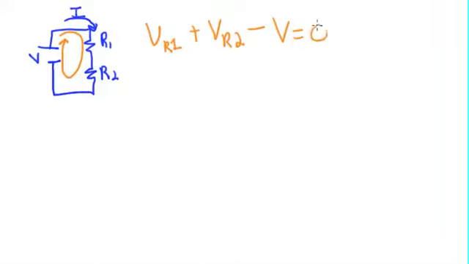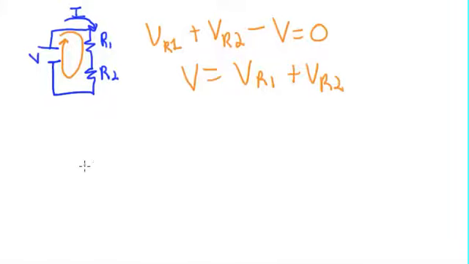If we start up here and do a loop, come around, back, the first part is V sub R1 plus V sub R2 minus V equal to 0, or the voltage from the voltage source equals the voltage across resistor 1 plus the voltage across resistor 2.